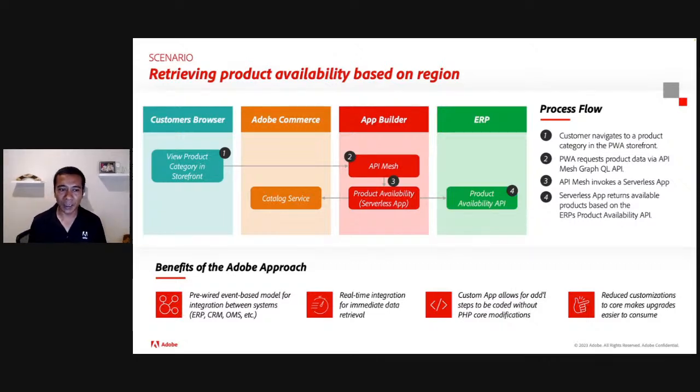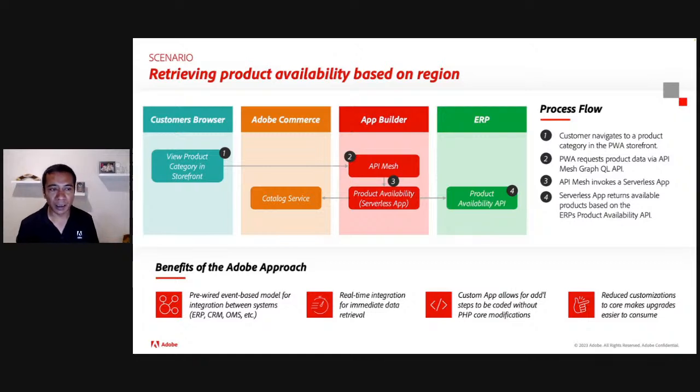Now that app can get the products in the category from the Commerce Catalog service, but then it could match it to product availability sitting in an ERP, determine the appropriate set of results to return, and send back a single response to the API Mesh, which will then send those results back to the browser to show products that are available maybe close by or in particular sizes or colors that the shopper is looking for.